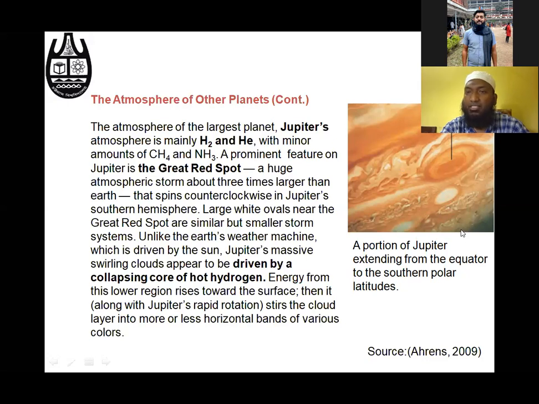One of the important characteristics of Jupiter's atmosphere is the Great Red Spot. What do we mean by these red spots? You can see in the figure that these red spots are actually huge atmospheric storms.